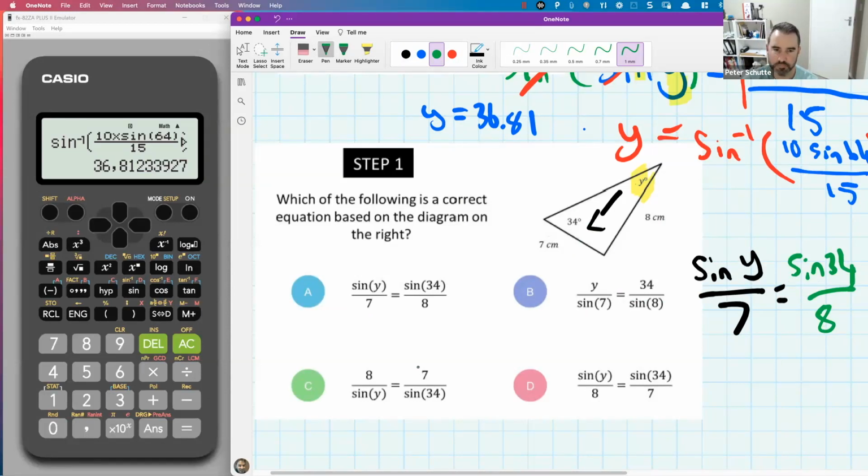So that to me would make the answer A. So whenever you use the sine rule, you always go, is it this angle on top, or is it the side on top? And whatever you start with, you keep it the same on the other side. If you're finding angles, you put the angles at the top. If you're finding sides, you put the sides at the top.